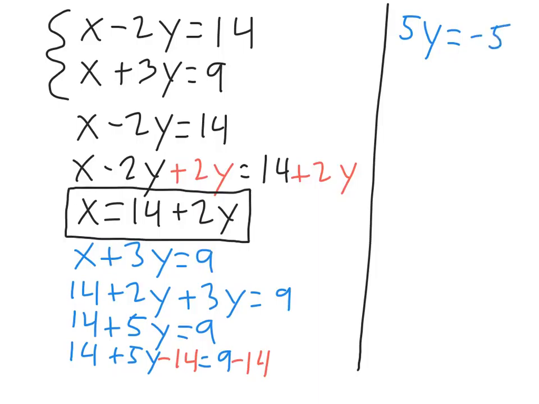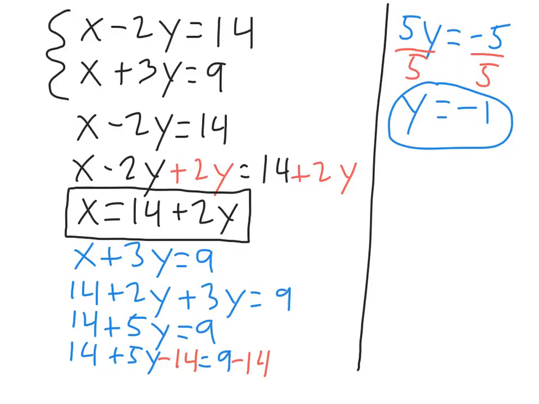Then we divide both sides by 5, and we get that y equals negative 1. So that's one of our answers. Remember, we need two. We need both y and x.